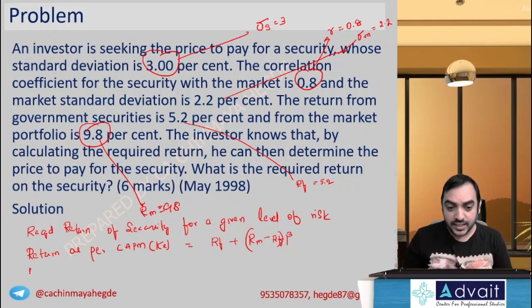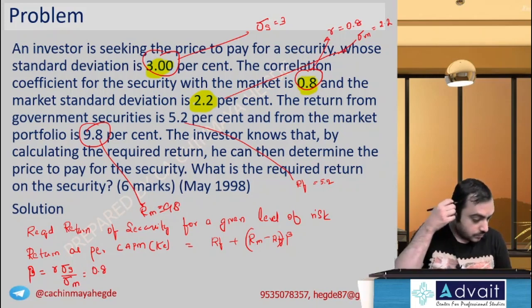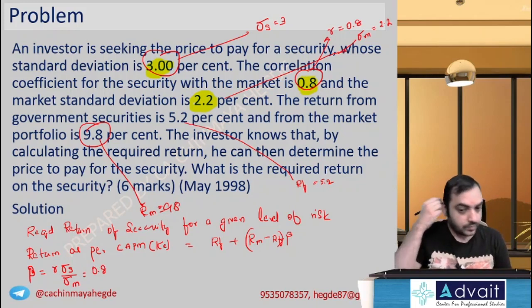Okay, so let's calculate here, because the correlation coefficient is given. Beta is R into sigma S by sigma M. Correlation coefficient is given, which is 0.8. Standard deviation of security is given, 3%. Standard deviation of market is also given, 2.2%, which is going to be 0.8 into 3 divided by 2.2.